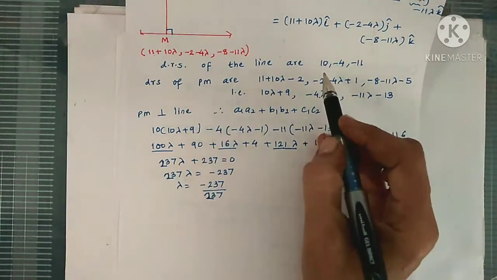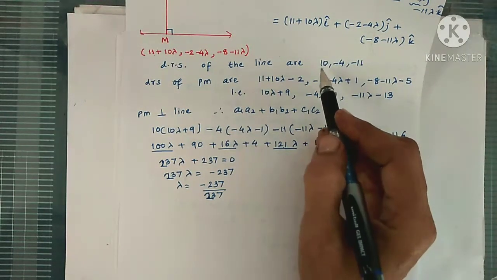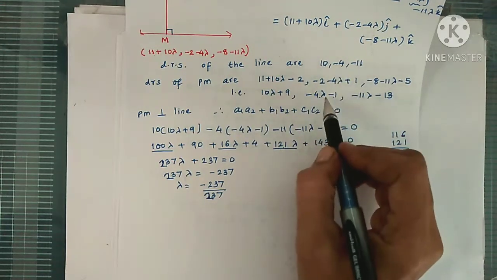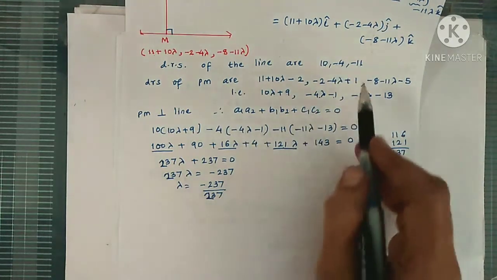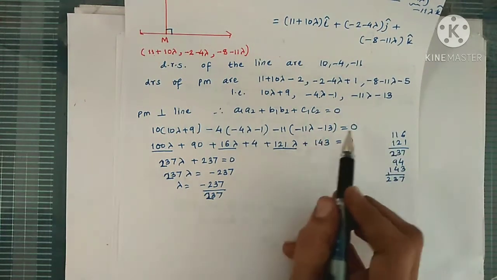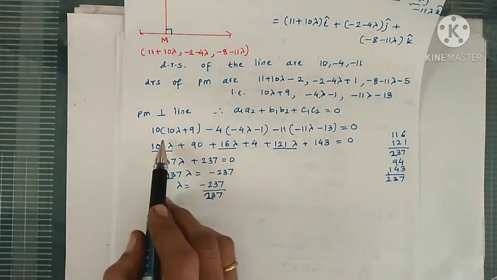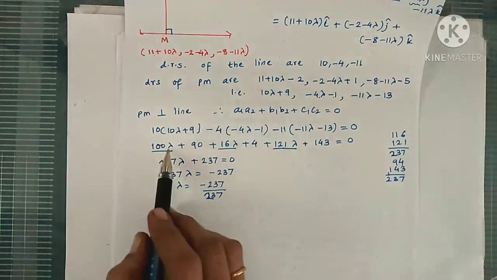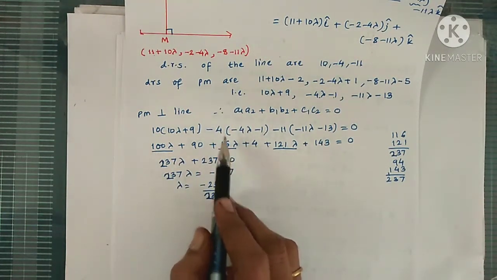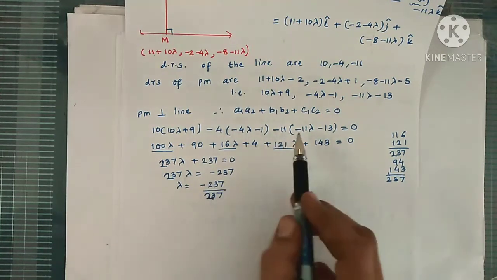Therefore a1 a2 plus b1 b2 plus c1 c2 equals 0. So multiplying the corresponding terms and adding those products, we have 10 into (10 lambda plus 9), minus 4 into (minus 4 lambda minus 1), minus 11 multiplied by (minus 11 lambda minus 13) equals 0. So multiplying, we have 100 lambda plus 90, minus minus becomes plus 16 lambda, again minus minus plus 4.